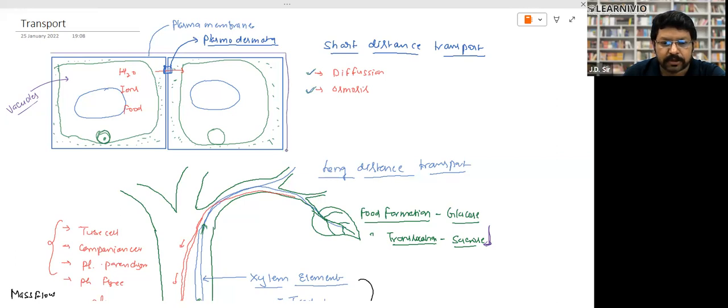We call it the cell wall, right? So this is the cell wall, and beneath the cell wall there is a plasma membrane, which is also called plasmolemma.